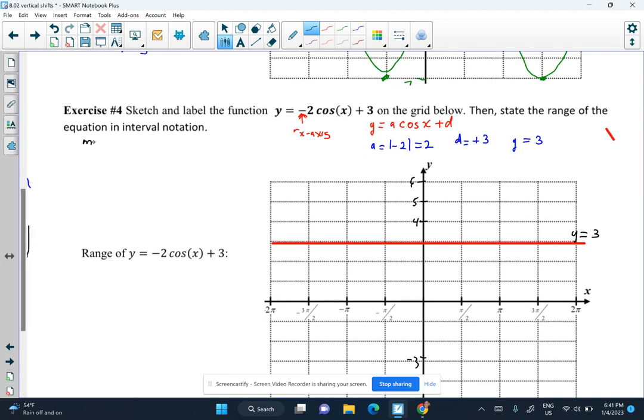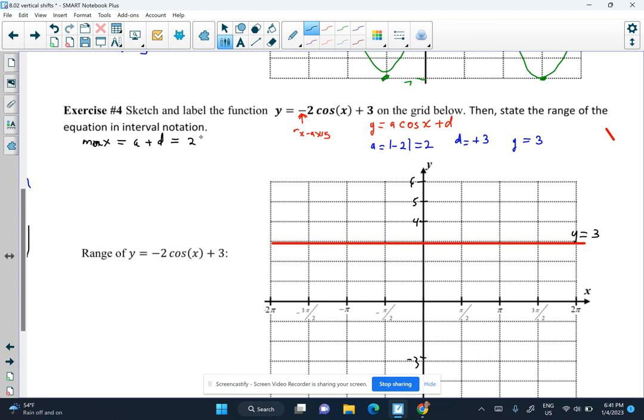My maximum value of the graph is the distance above the midline, not above the x-axis. So if my midline is at 3, then I'm going to go 2 units above because that's what my amplitude is. So in essence, you're just taking the amplitude and adding d to it.